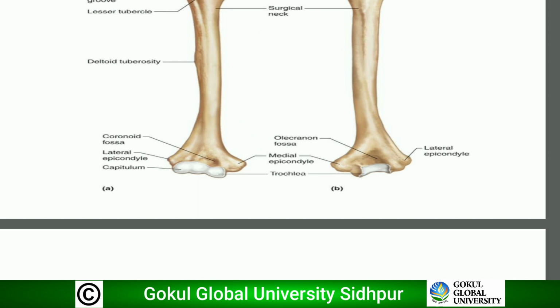Again in this diagram you can see the olecranon fossa, coronoid fossa, and radial fossa.